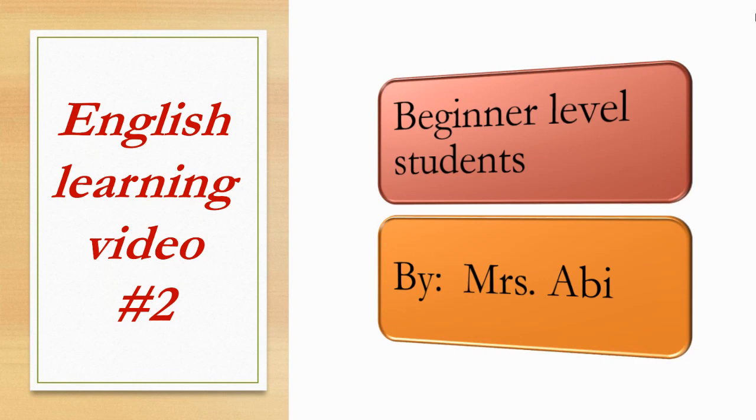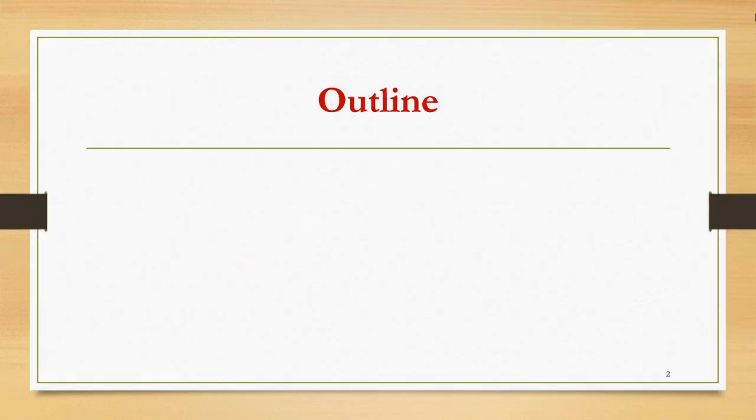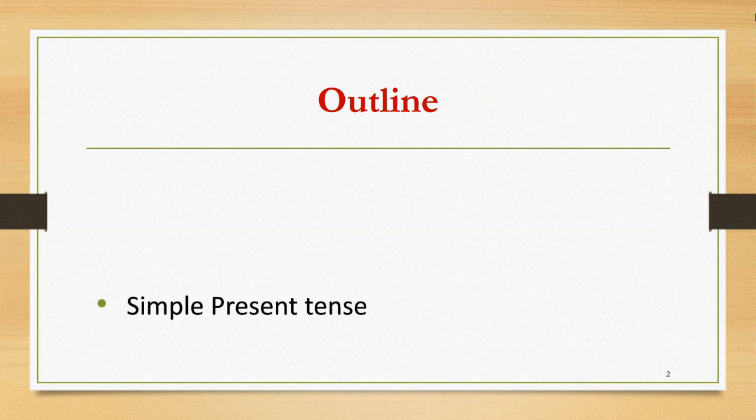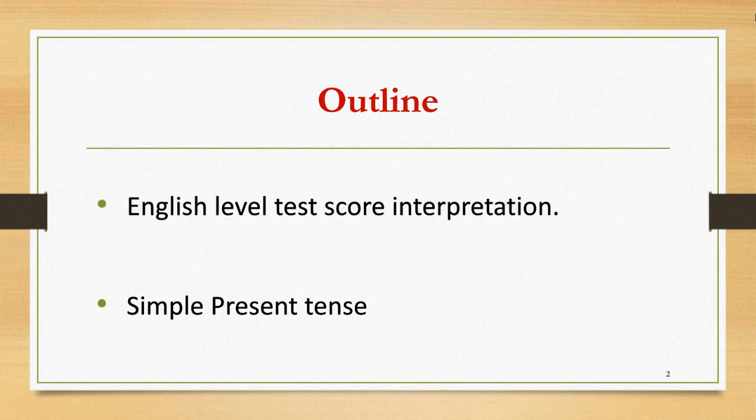In today's video, we are going to talk about the simple present tense. But first, I will talk about how to interpret your scores in the English test that we saw in the previous video.